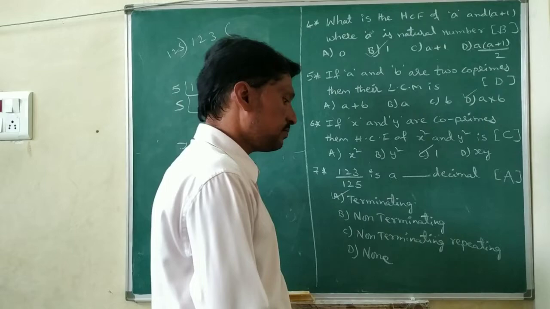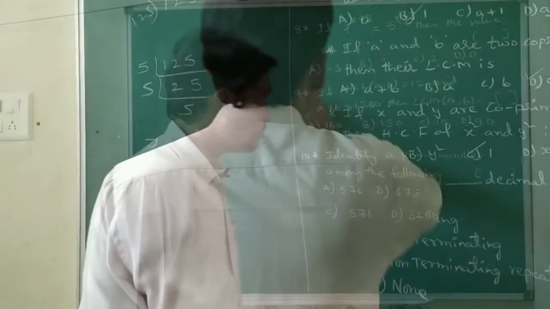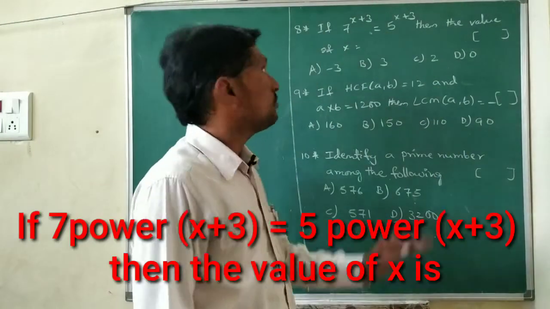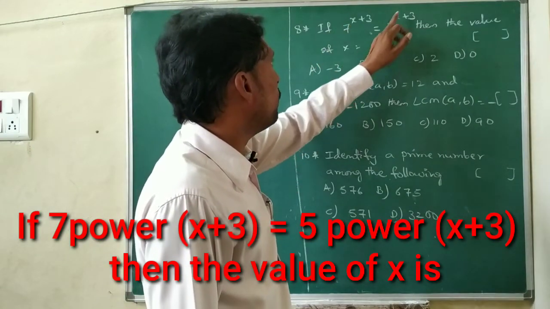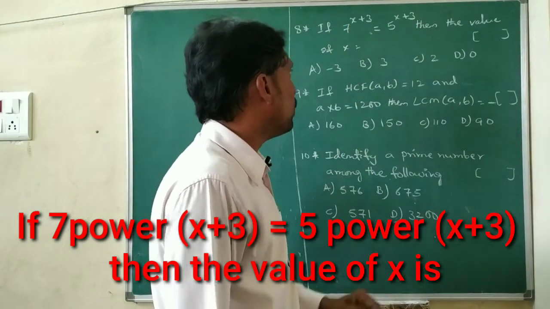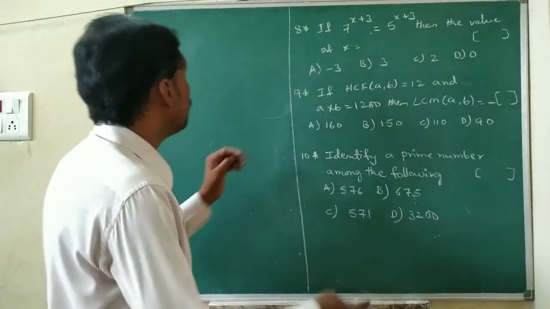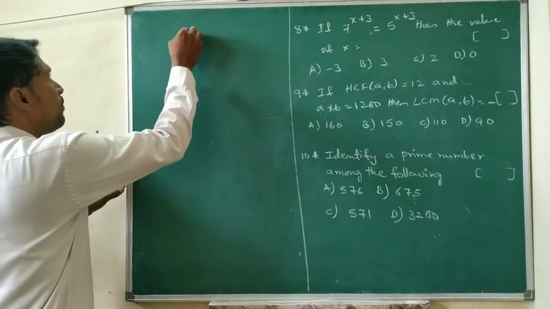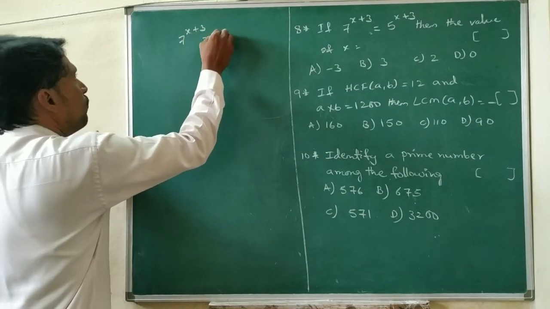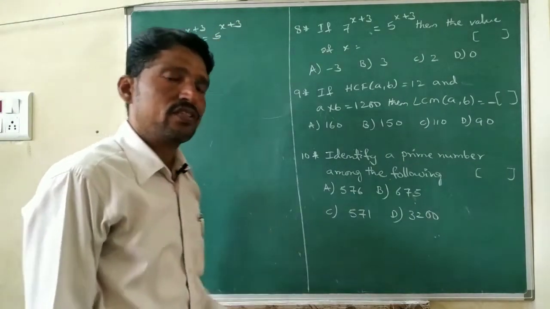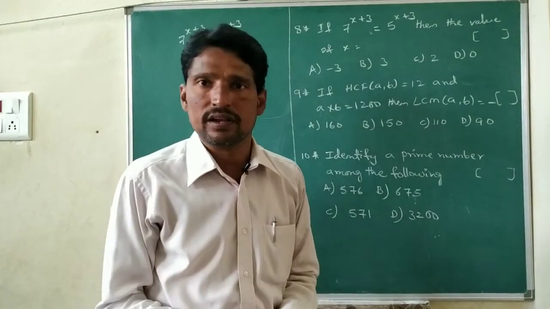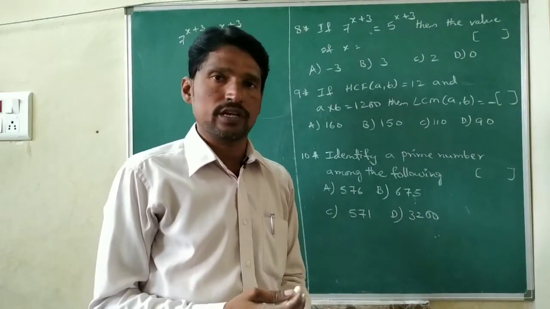Next question, the 8th one. If 7 power x plus 3 equals 5 power x plus 3, then find the value of x. If we solve it by some process, it becomes very lengthy and takes much more time.